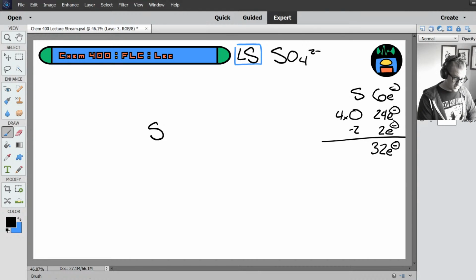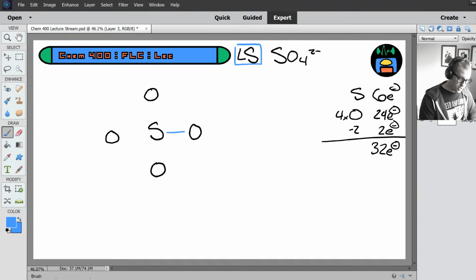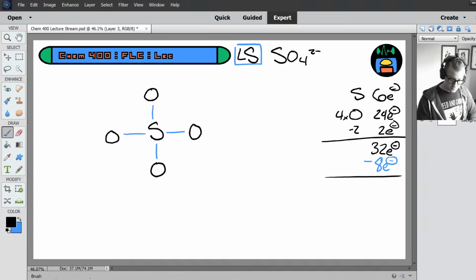All right, next, we need to attach all our other atoms to our central atom. We've got 4 oxygens to attach, and each bond we make costs 2 electrons, so this is going to spend 8 electrons from our budget, leaving us with 24.